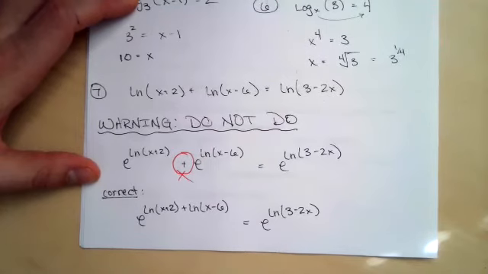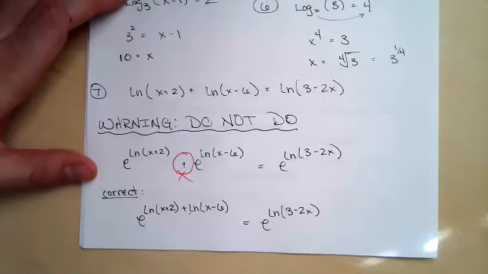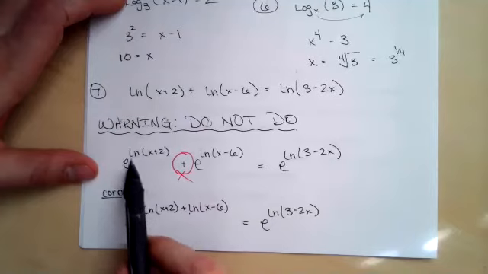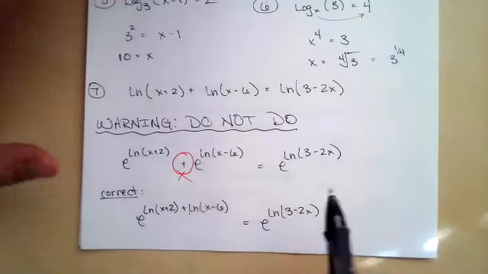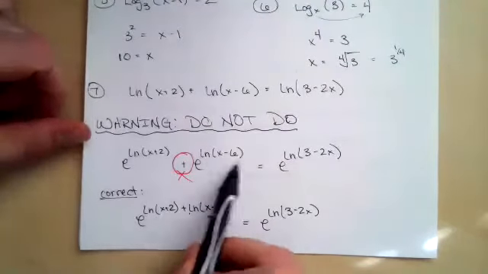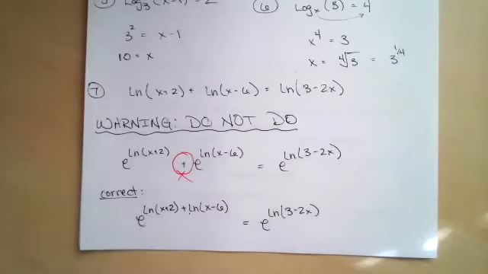This is a true statement. The addition has to be upstairs with the logs in the exponent. And so if you do it this way, you'll get these exponentials and logs. You'll say, oh, they undo each other. But then when you solve the remainder of this, you'll get a wrong answer.